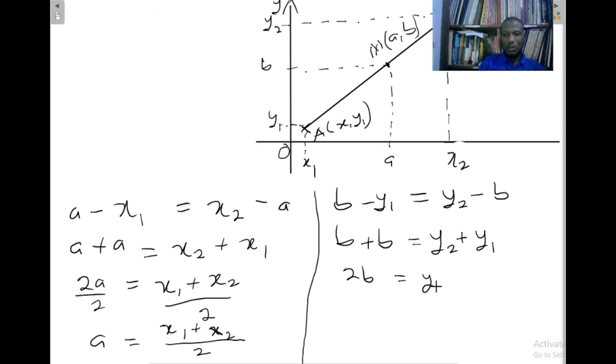So 2b will be equal to y1 plus y2, and we divide both sides by 2. That means our b will be equal to y1 plus y2 all over 2. All right.